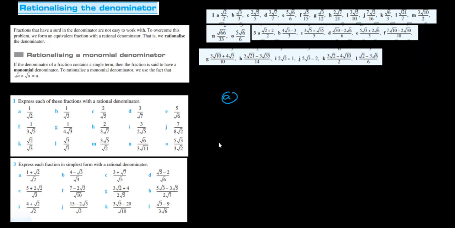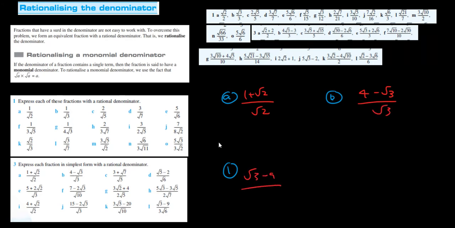Let's do A, let's do B, and let's do L. So A is 1 plus root 2 over root 2. B is 4 subtract 3. And L is root 3 minus 9 over 3 root 6. So pause the video and see if you can do these.